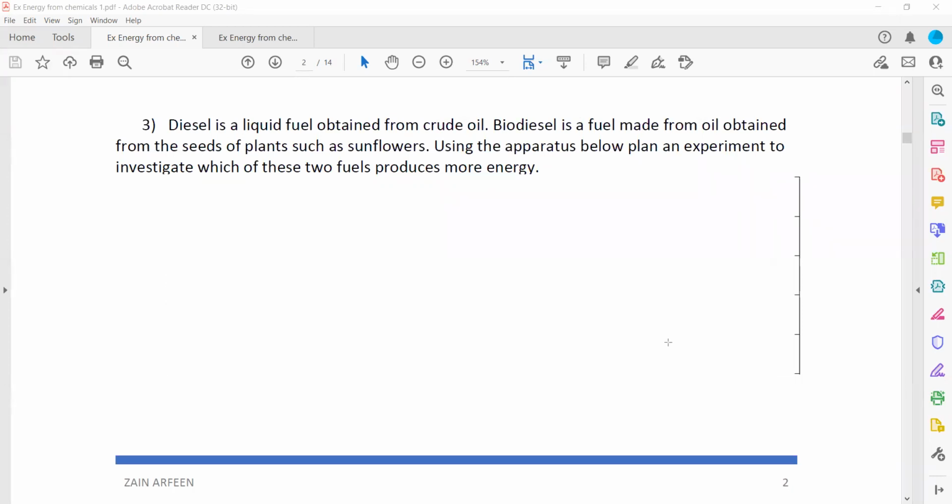Diesel and biodiesel are both liquid. So when we have a liquid fuel, we take the liquid fuel in a spirit burner.